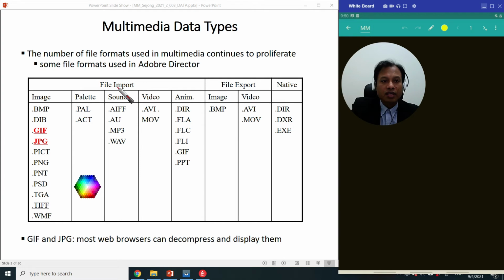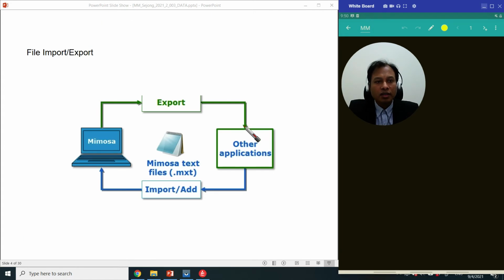But you can see that these file formats have usually been divided into two categories. One is for importing and another is for exporting. But then there is another category that we call native file format. Now what are these import, export and native file formats? To understand this, let's explain it briefly, as this is not our target to study.